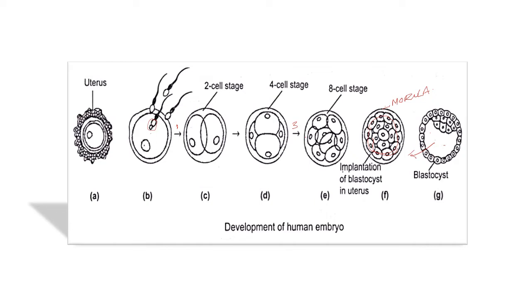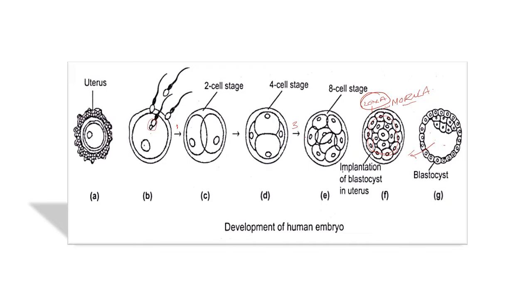And during this blastulation, the morula is surrounded by a zona pellucida. This zona pellucida degenerates. Till the formation of the morula it is intact, but during blastulation, this zona pellucida disintegrates or degenerates.